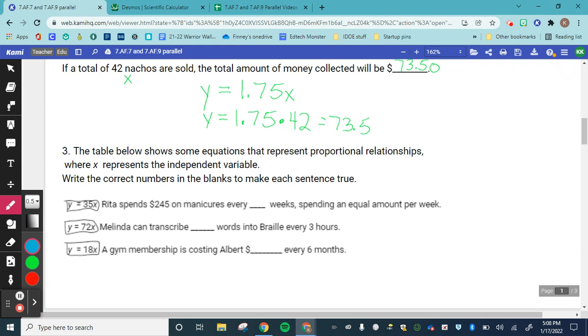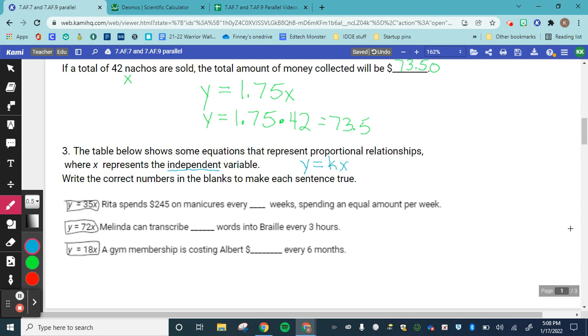Problem 3. The table below shows some equations that represent proportional relationships, where x represents the independent variable. We haven't talked a lot about dependent and independent variables. In our equation, we know the equation for a proportional relationship is y equals kx.